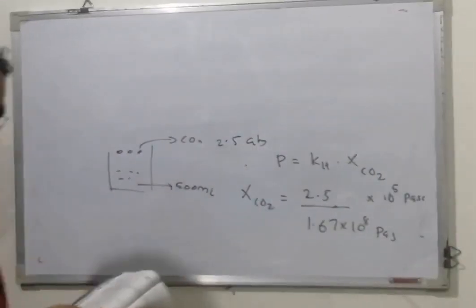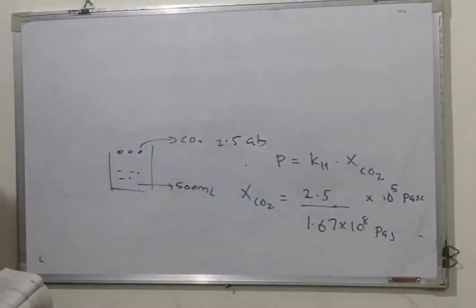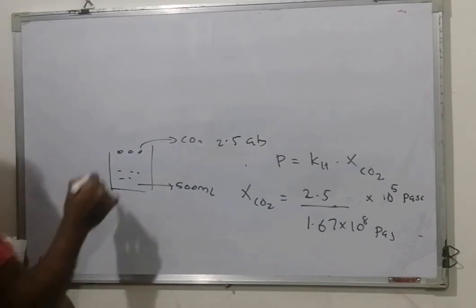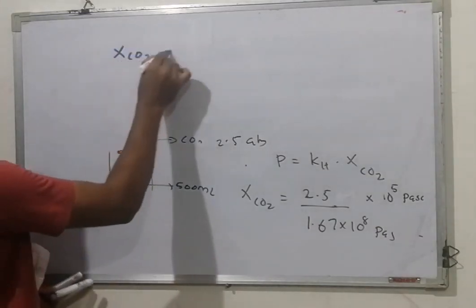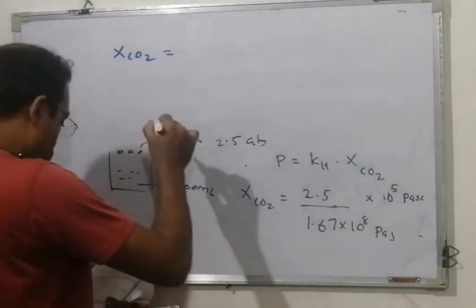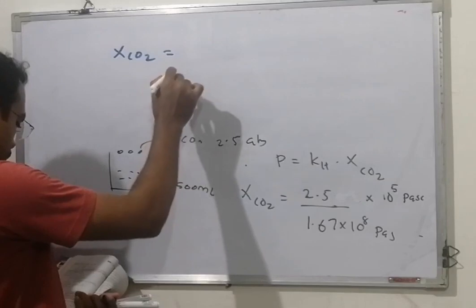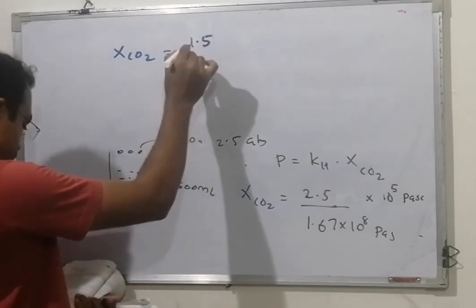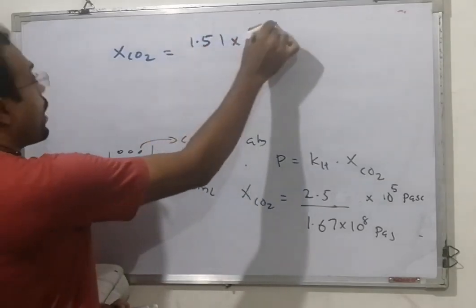Therefore, the mole fraction of carbon dioxide is 1.51 into 10 raised to minus 3.